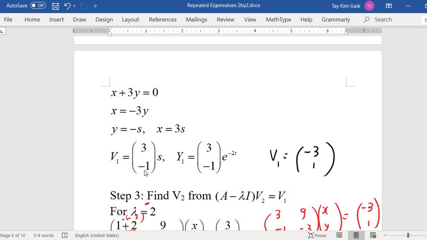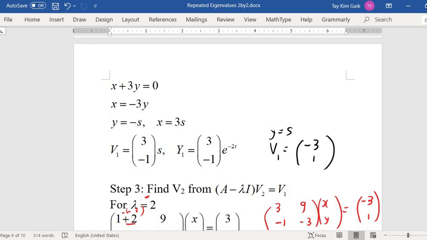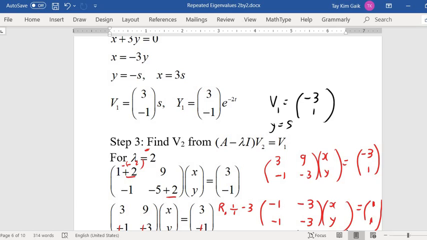But when we plug in the initial condition, we have the same particular solution. For the assumption y equal to negative s, v1 is 3, negative 1. For y equal to s, v1 is negative 3 and 1. And then we find v2 from A minus lambda I v2 equal to v1.